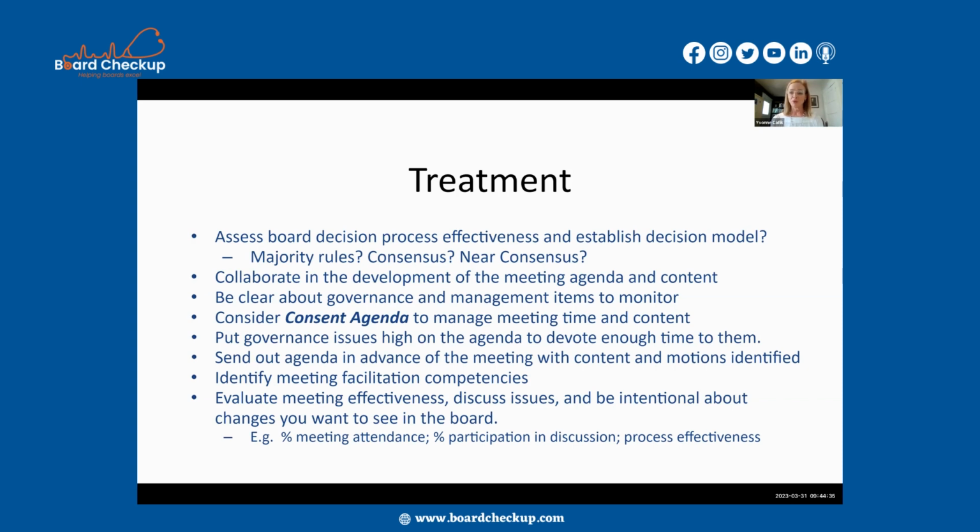So of course, boards monitor management, and this is one place where that happens. Does the management report actually provide any documentation, any kind of record that would allow the board to identify effective monitoring of that agent? I'm not sure that boards actually think about meetings in this way, as a form of monitoring the agent. It's not just done in a performance evaluation of that person's job description.